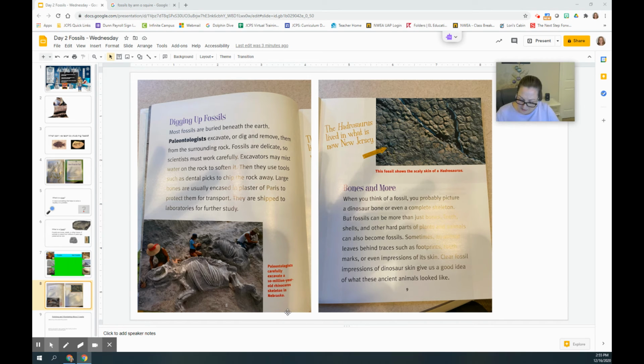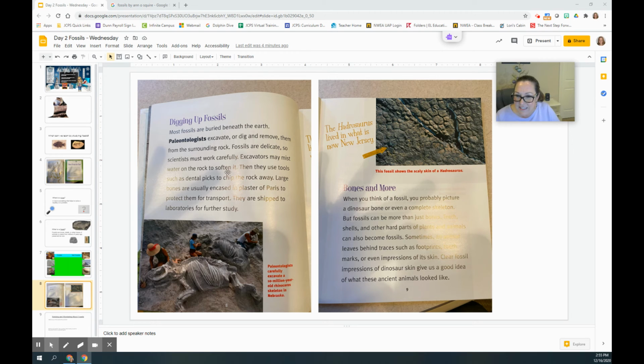So what does it mean that the paleontologists excavate fossils from the surrounding rock? It means they dig them up. They do it carefully, it says, because they're delicate, they're fragile. They dig them up to remove them from the rock that's around them. Now, how do they do that?